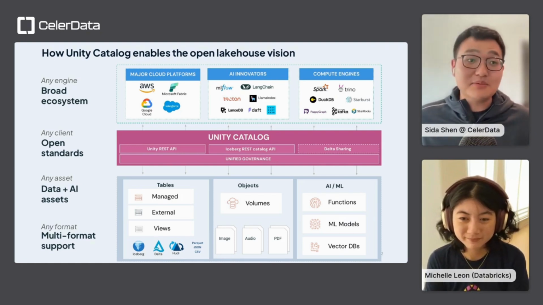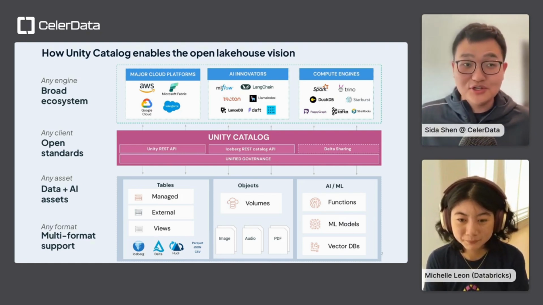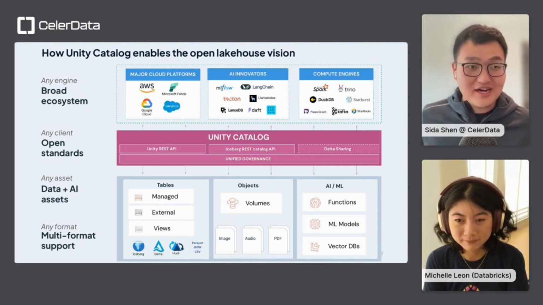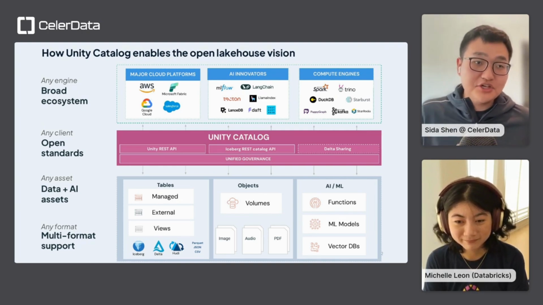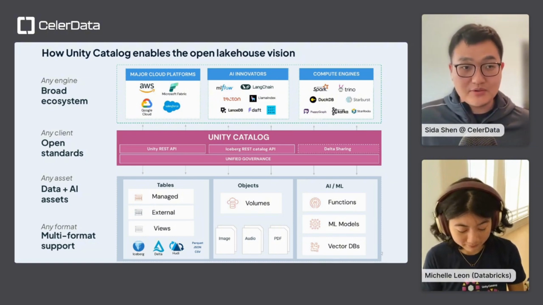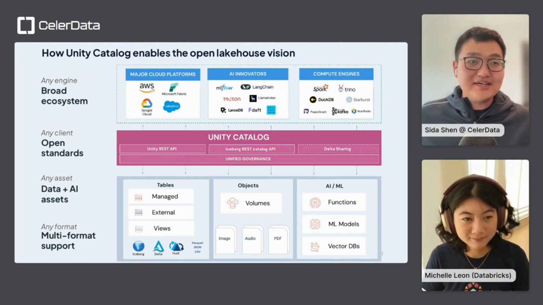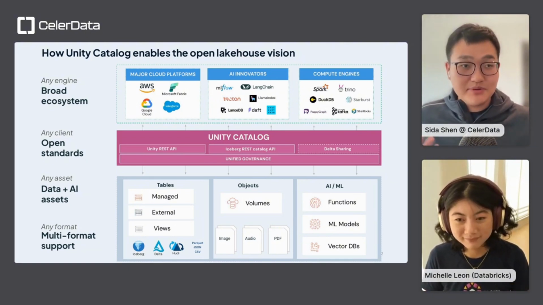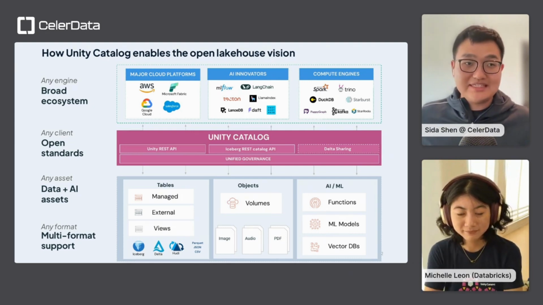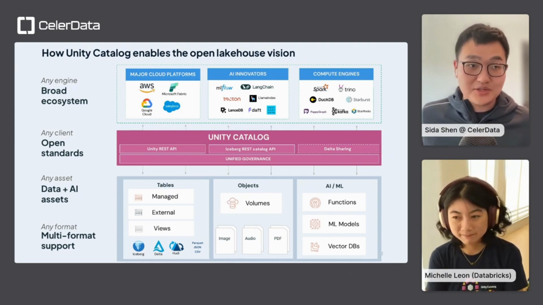Now you can have something like Spark for machine learning and for batch processing jobs that run for hours, like ETL workloads. You can have machine learning applications that also run on that data. And you can have a SQL query engine that specializes in interactive, low-latency, high-concurrency workloads, like CelerData.